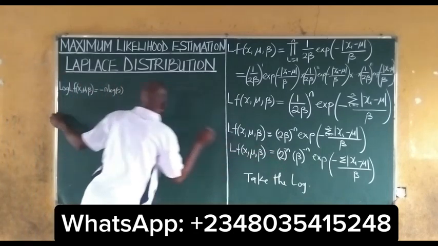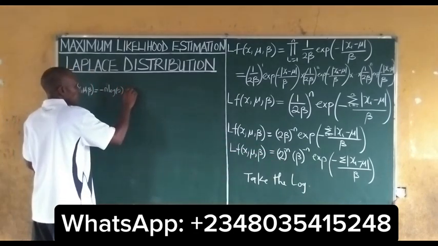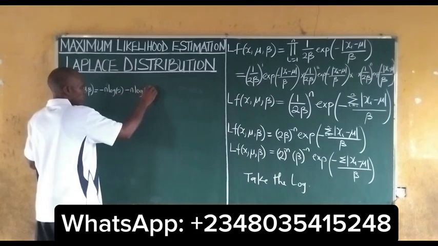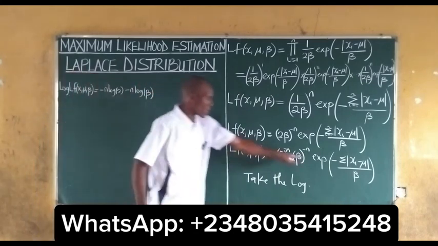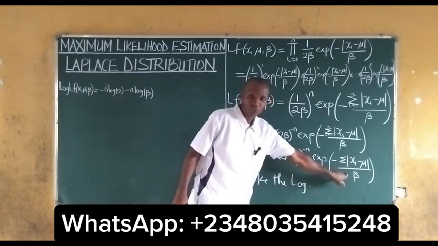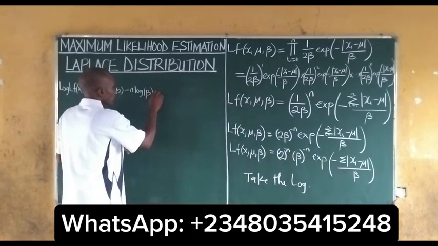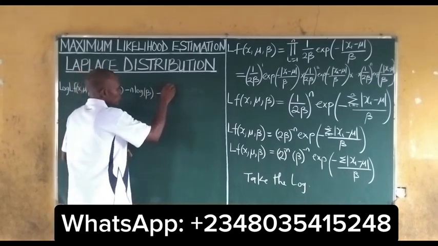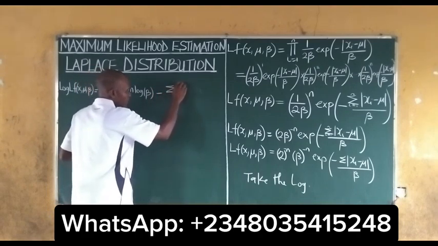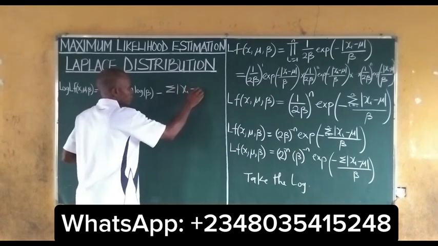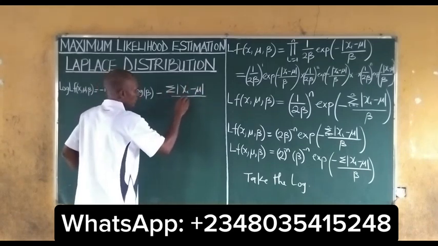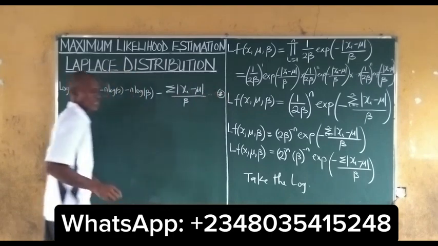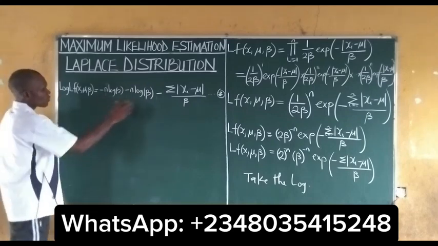If you take the log of this, you have negative n log beta. If you also take the log of an exponential function, we get that same function, which is negative summation of xi minus mu over beta. We take this as our equation star, because we'll come back to it. So this is what we get.